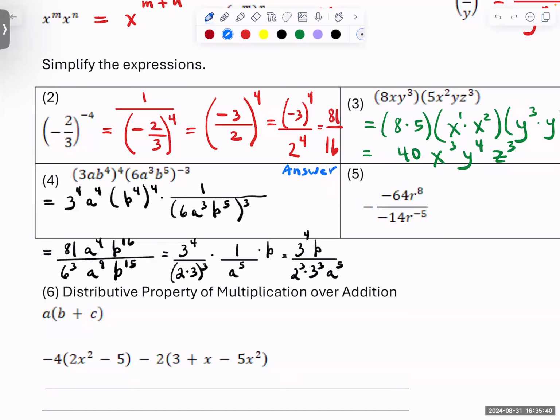And instead of 3 to the 4th is 81, let's think about dividing and canceling 3 to the 4th by 3 to the 3rd. So in other words, you can divide and cancel 3 factors of 3, and that'll leave 3 to the 1st in the numerator. So we're going to have 3 in the numerator.